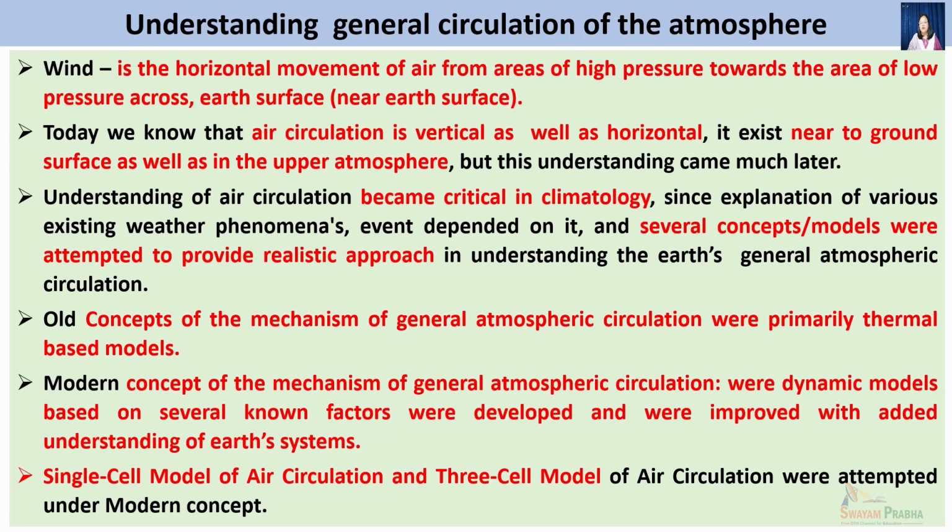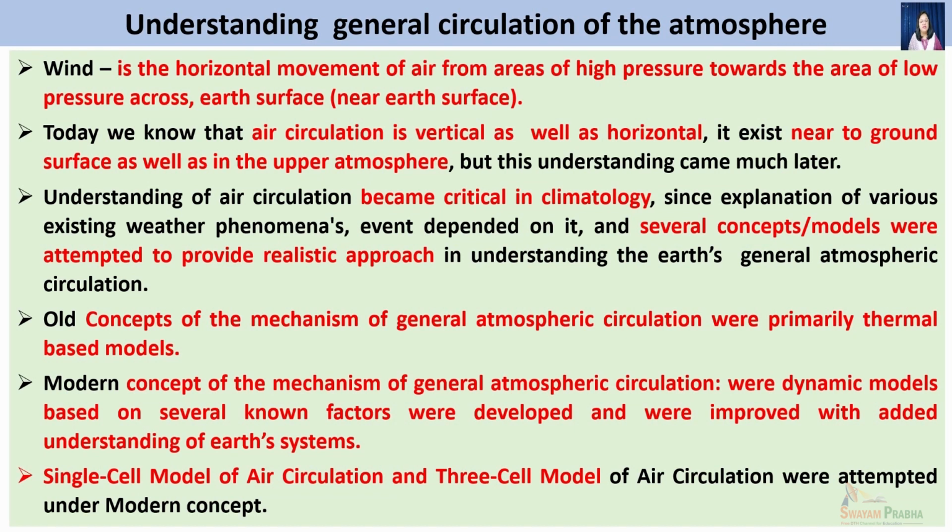Wind. What is wind? Wind is the horizontal movement of air from areas of high pressure towards the areas of low pressure across the Earth's surface. And this horizontal movement of air can occur wherever the atmospheric pressure conditions are favorable.